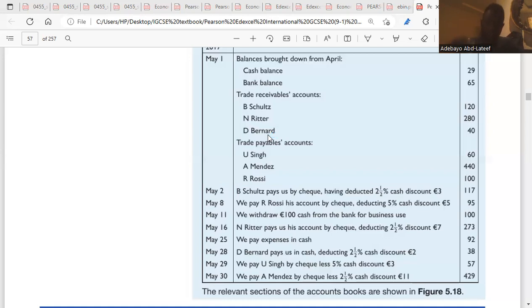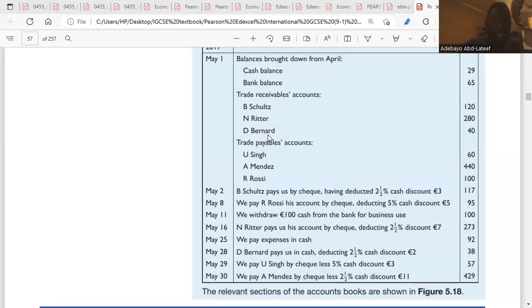As soon as we are done with the trade receivables, we have to open the trade payables account for the same transaction. For the trade payables account, we have Usign, we have Mendes, and we have Rossi. Now, our trade payables will be, for each supplier's account that we are paying, a debit balance.